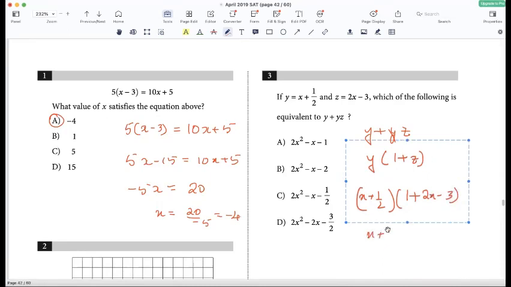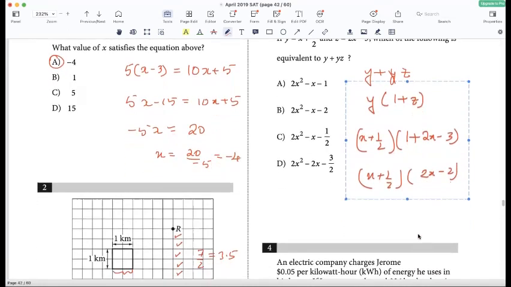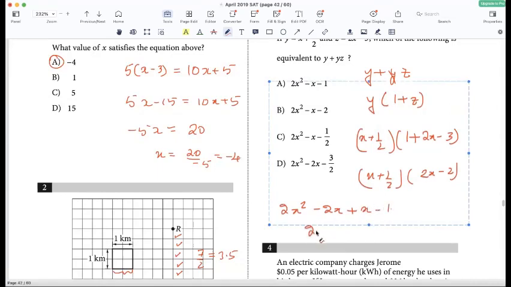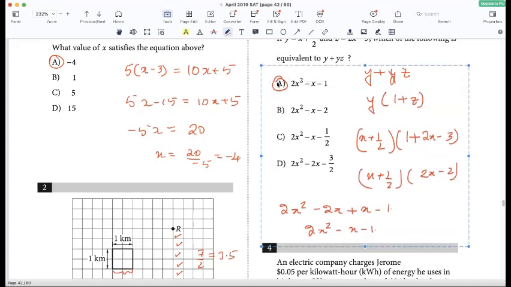So x plus 1 by 2 multiplied by 2x minus 2. And now I can multiply the respective terms. 2x squared minus 2x plus x minus 1. So that's 2x squared minus x minus 1. Option A.